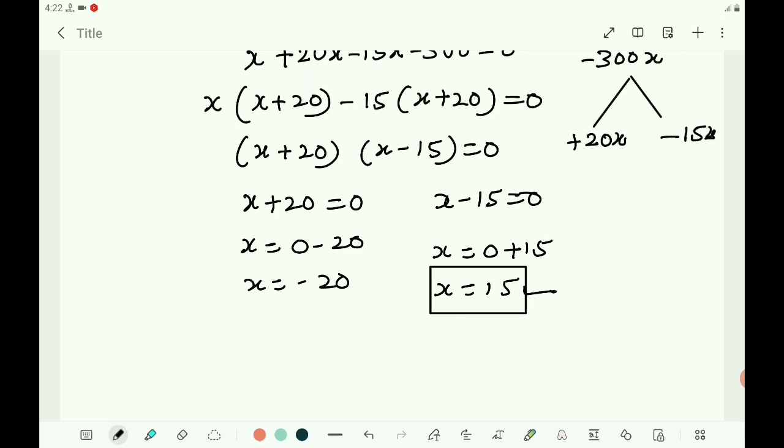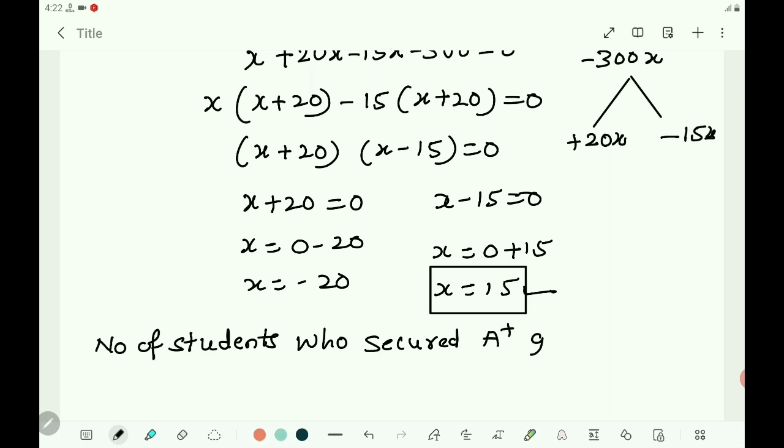So you write: number of students who secured A plus grade after examination equals 20. After examination, how many students secured A plus grade? 20 students.